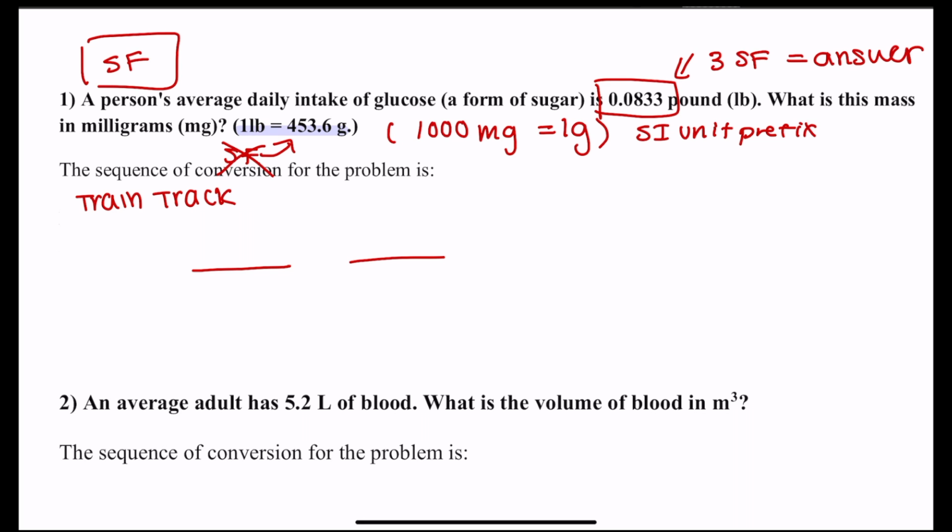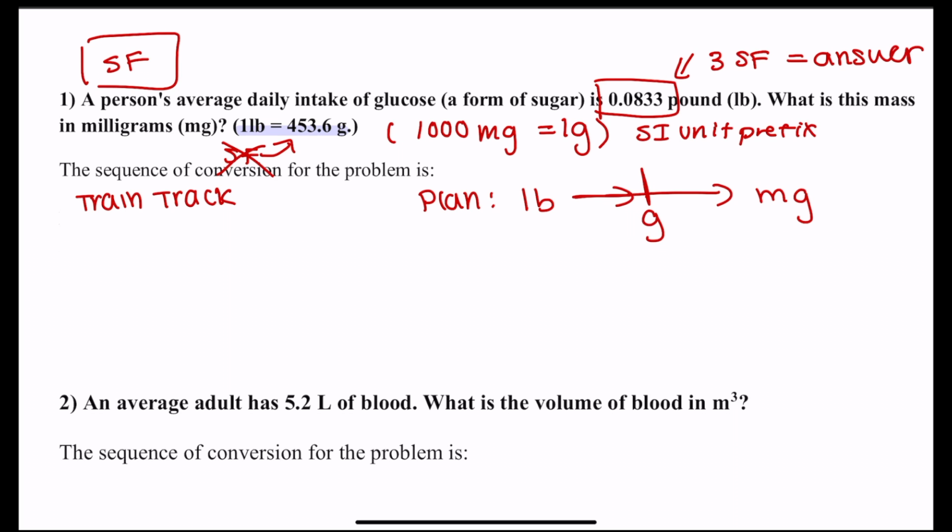So first step is plan a strategy. We know we need to go from pounds, and we know we have to go to milligrams. But we're not given the direct unit conversion from milligrams to pounds. We're given grams. So that means grams is our middleman. So basically, we're going to go from pounds to grams and then grams to milligrams, okay? So here we have 0.0833 pound.